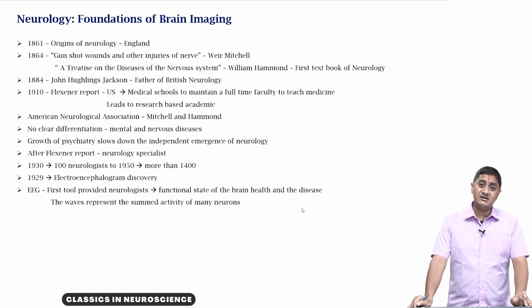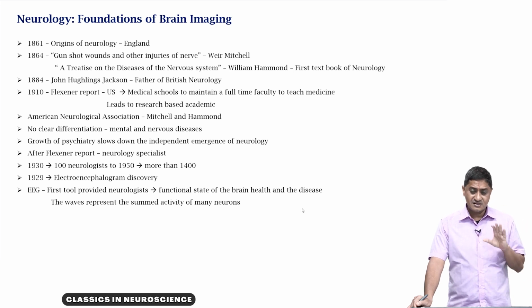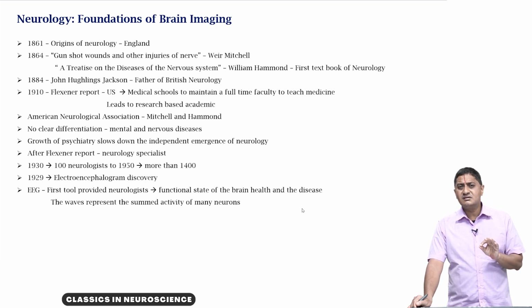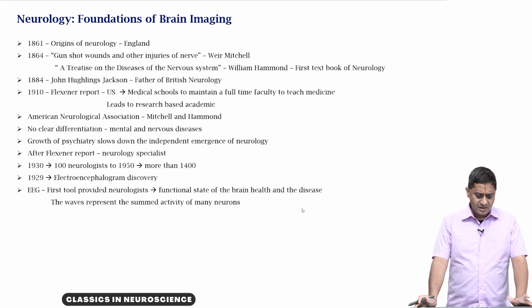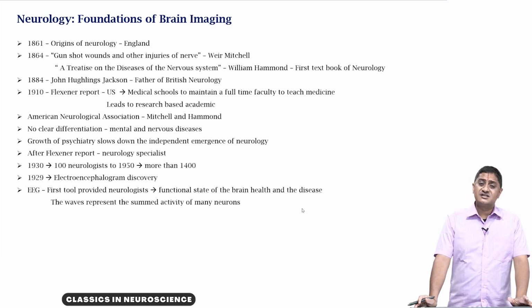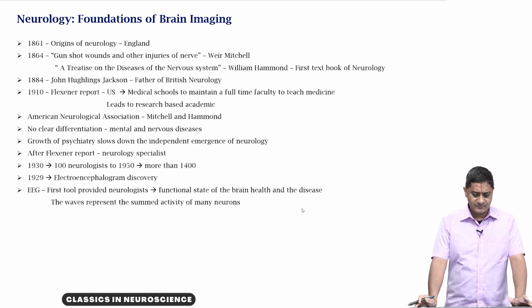These are not even single unit recordings of the kind that we discussed in the previous weeks. These are rather local field potentials, summed activity of a whole bunch of neurons. But still it was giving crucial insights into the nature of health and disease in the brain.